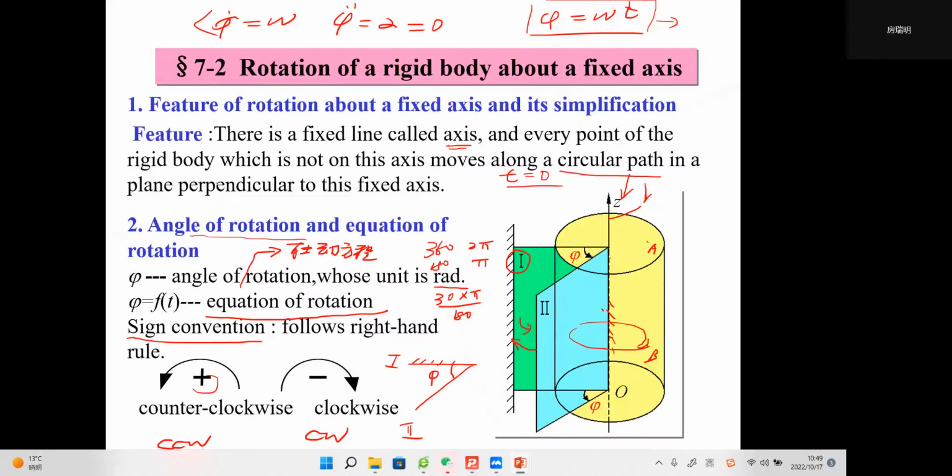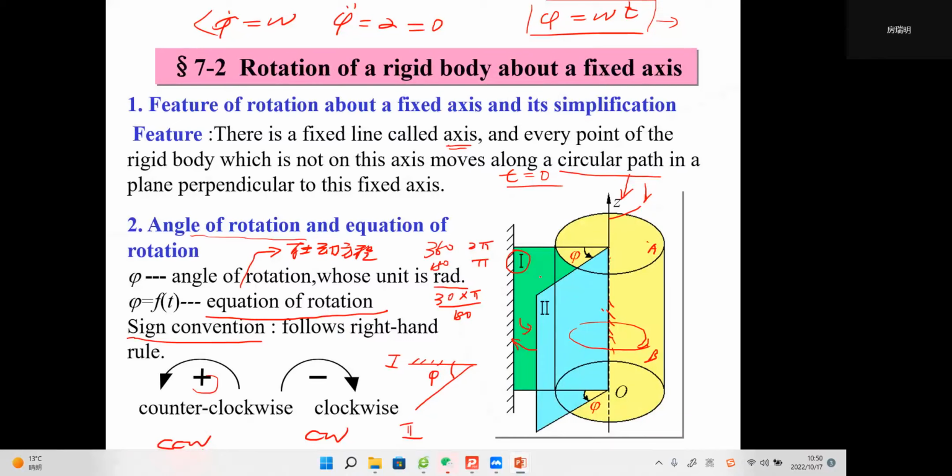You should be familiar with rotation of a rigid body about a fixed axis. It's very important, you know. The first topic is the feature of rotation about a fixed axis and its simplification.